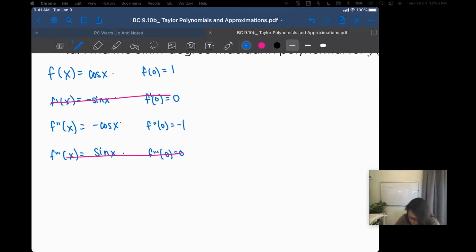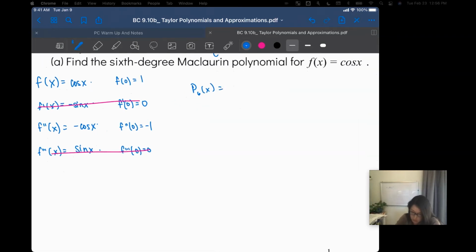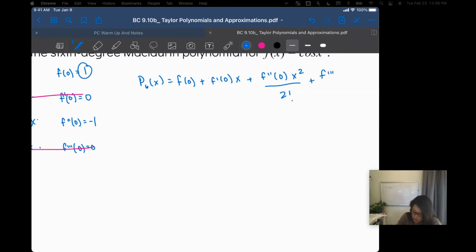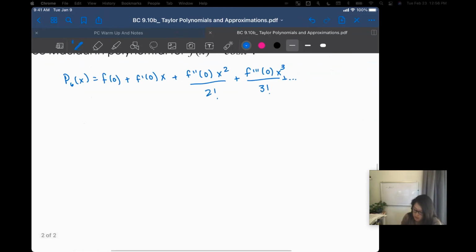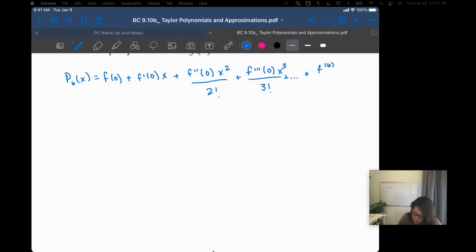So I'm going to write the polynomial p sub 6 of x, because it's the 6th degree, equal to, remember, f of 0 plus f prime of 0 times x plus f double prime of 0 times x squared over 2 factorial plus f triple prime of 0 times x cubed over 3 factorial plus it continues to the 6th derivative of f at 0 times x to the 6 over 6 factorial.